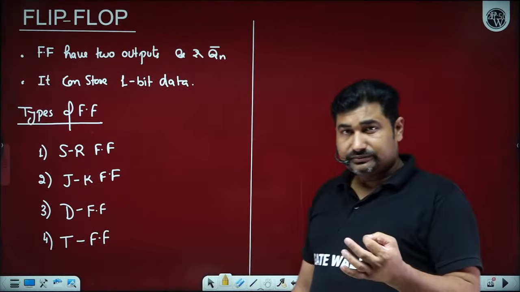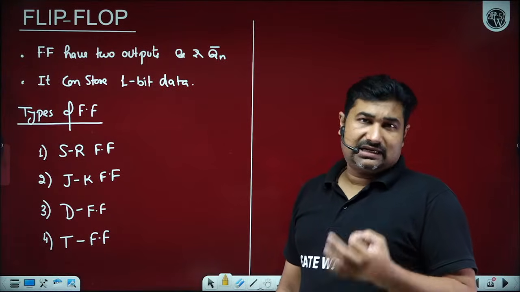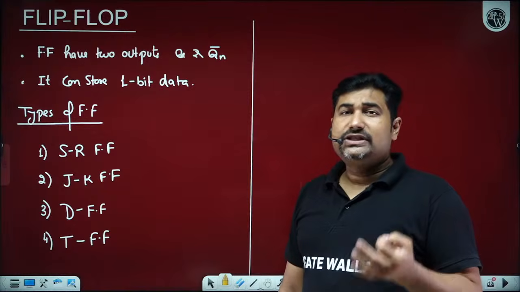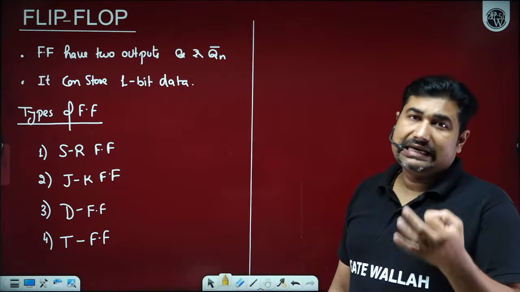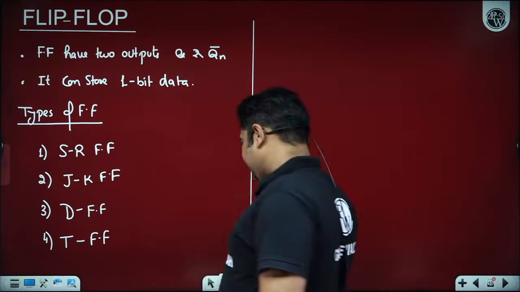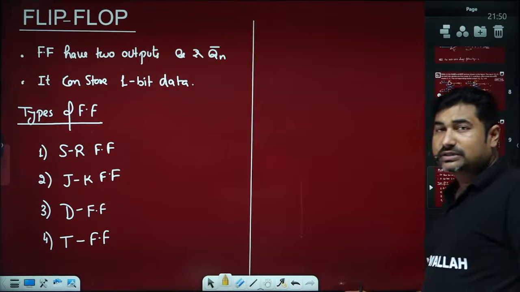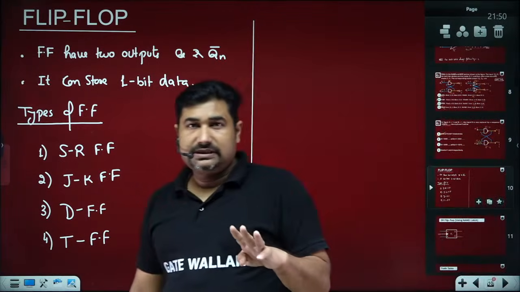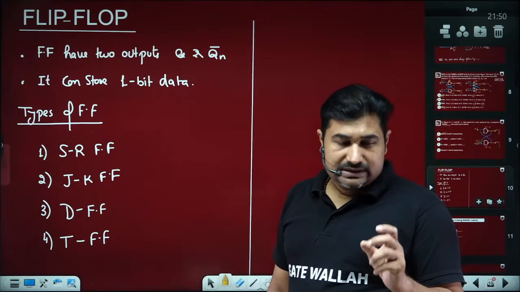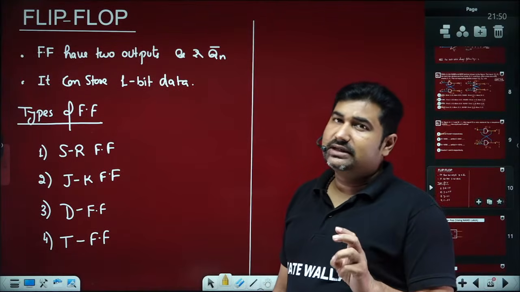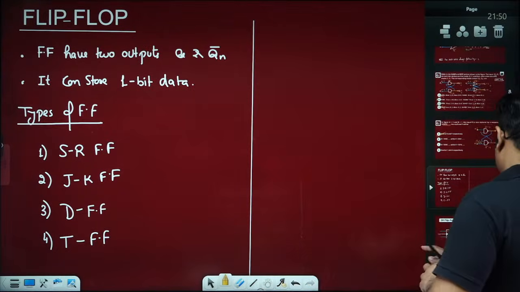The truth table is a part of the characteristic table, which indicates for the different inputs what will be the next state outputs. Is it okay? Yes, sir. So for all flip-flops, we are going to study 3 important tables: first the truth table, second the characteristic table, and third the excitation table. Hoping all of you are able to understand up to this part.